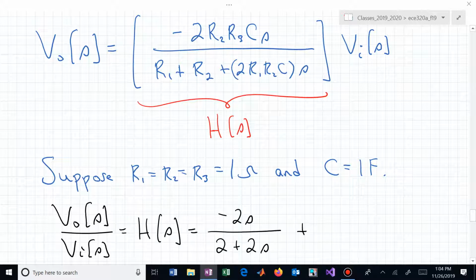Or 2's are wild, we can cancel them. They're everywhere. Let's just go ahead and get rid of them. And now that wasn't supposed to be a plus sign, that was an equal sign, is now minus s over s plus 1.